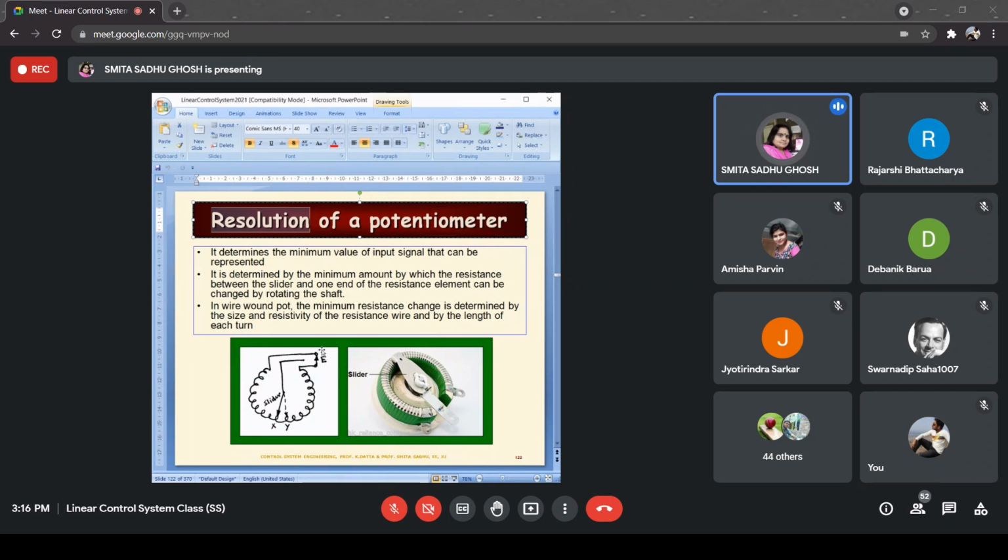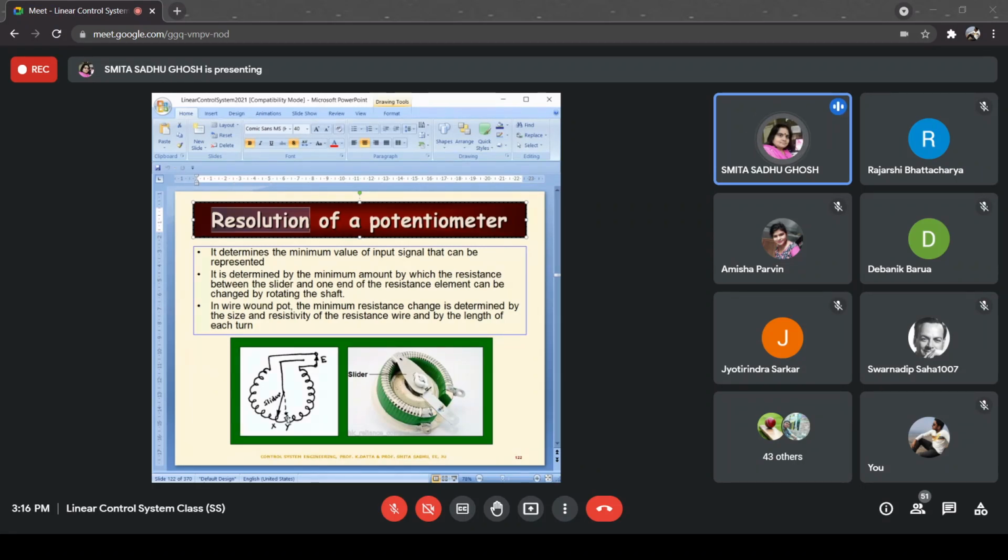The output voltage is not going to be smooth in nature. You can have the slider either pointing to the middle of this winding, this coil, or you can have the pointer pointing towards this winding, that is this coil, right? So there is an angular difference between these two.